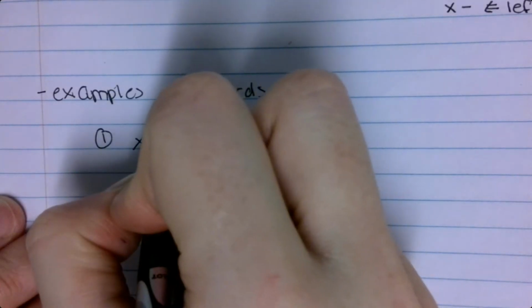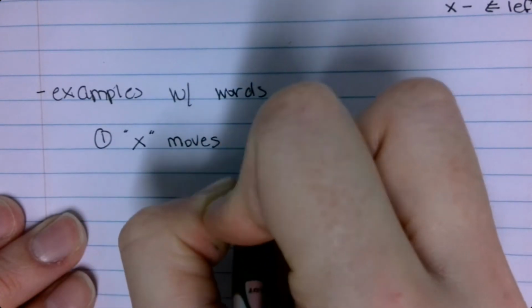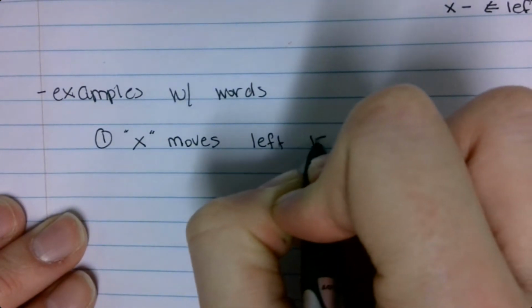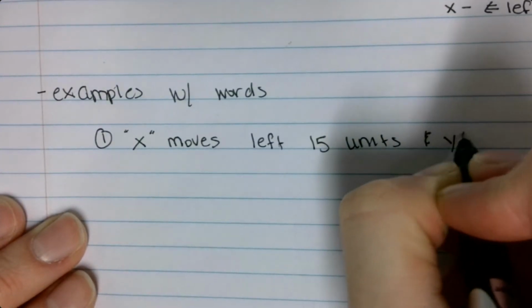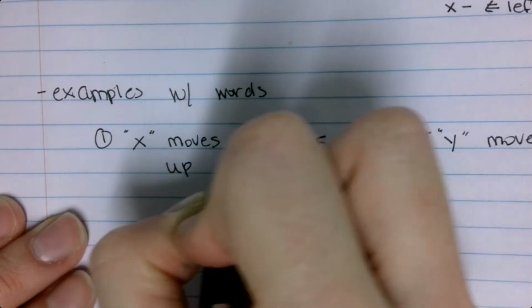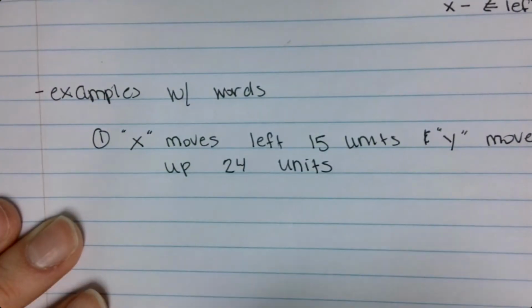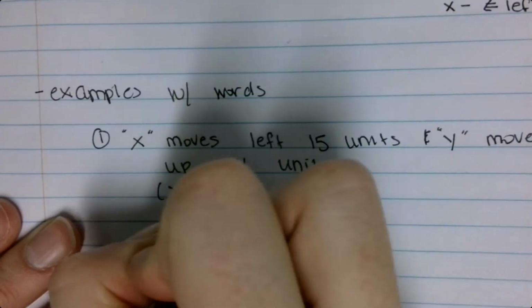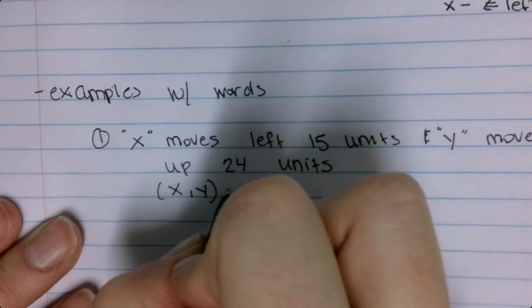So if I'm talking about X moves left 15 units and Y moves up 24 units, we would start with X, comma, Y. Then that's our pre-image.